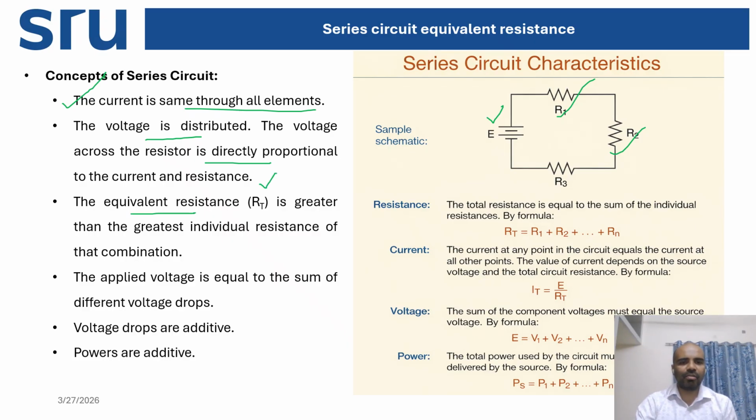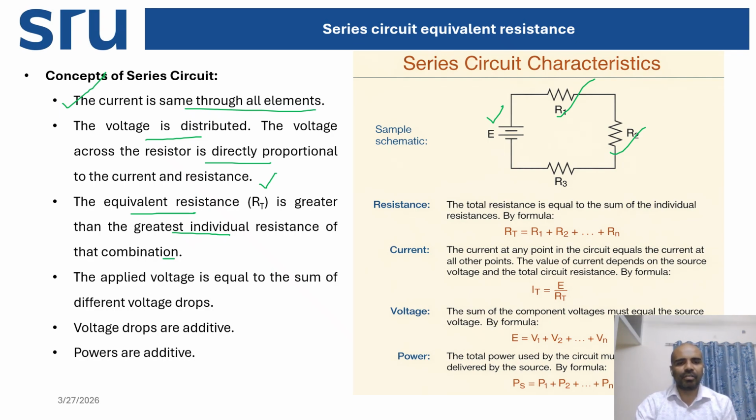Also, the equivalent circuit resistance must be greater than the individual resistance of the combination. This is because the resistance is additive in nature.